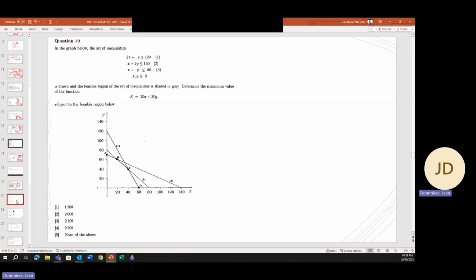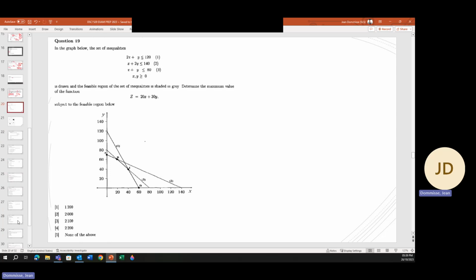Then the other thing that they also love to ask is, they give you a set of inequalities. What they can do is two things.